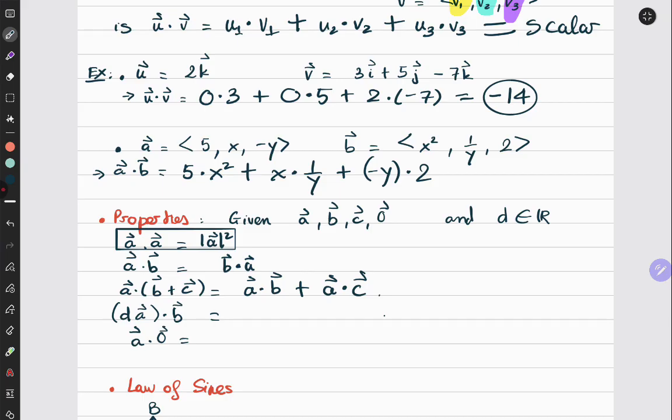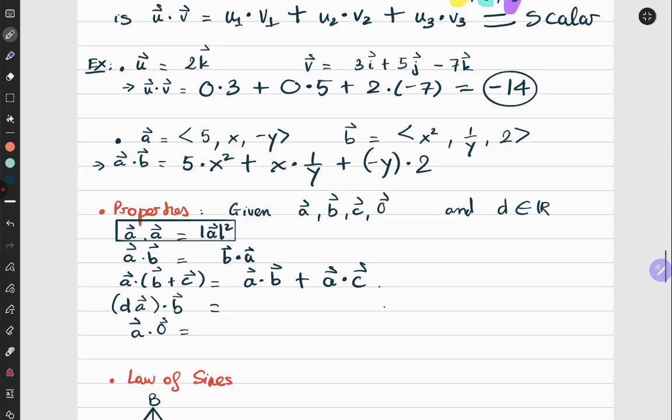But with this one, you can multiply A and B first, and then multiply by D after. A vector dot the 0 vector, for sure it will be 0, right?